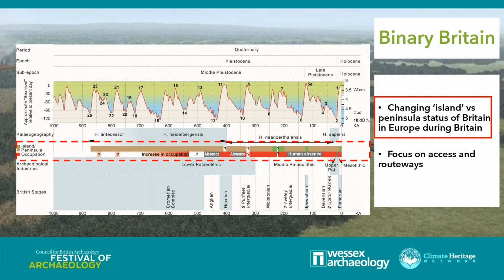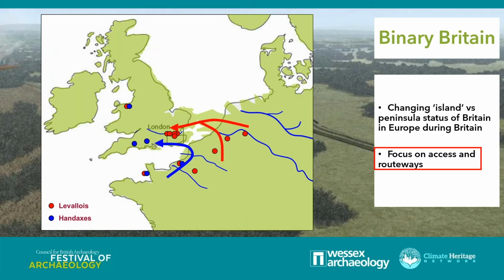This has led to a perspective of looking at the Paleolithic record in terms of periods when sea levels were low enough for people to access Britain, and what these access routes were, using the archaeological record to see the connection between human populations coming in and out of the British Isles.